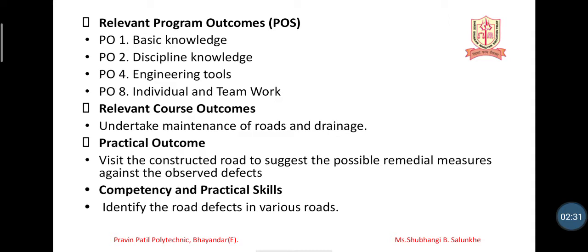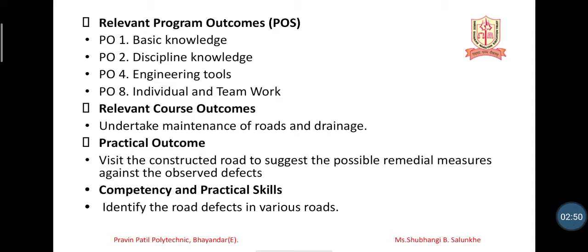So all this knowledge and ability you should have to perform this experiment. Then the relevant course outcome we require for this experiment is undertaking the maintenance of the road and drainage.